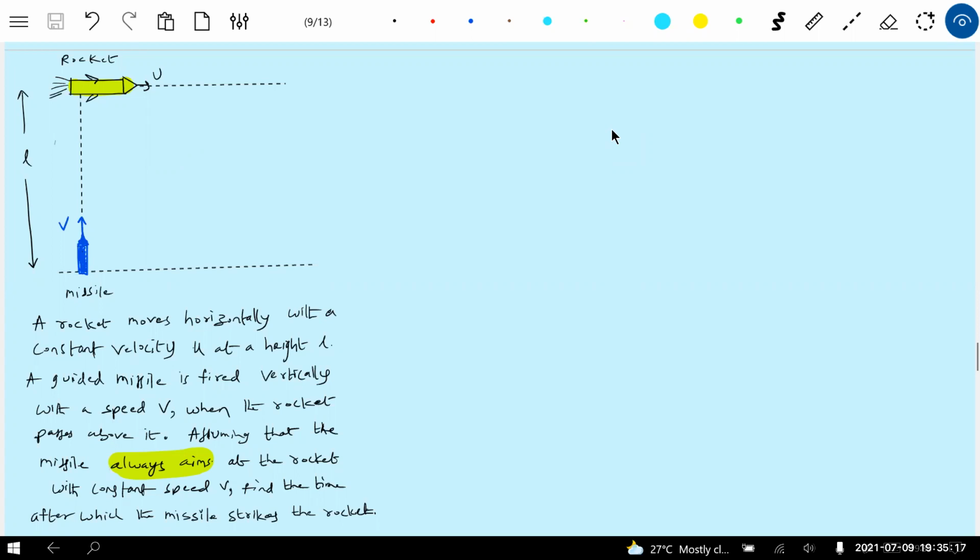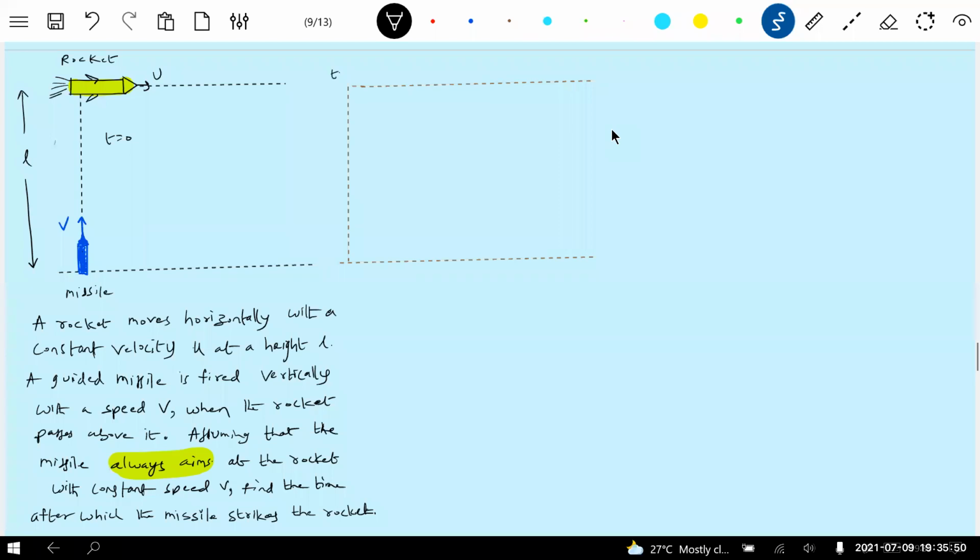Let me start the discussion. So here is the initial situation. At t equals 0, both were here, no? This situation is at t equals 0.